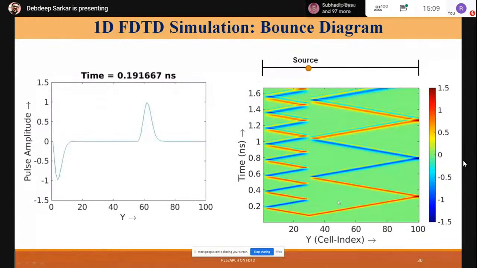Now, what our simple understanding of transmission line tells us is that when we have, let's say, a short circuit, or when I'm talking about wave propagation, if we have encountered a PEC boundary condition, perfect electric conductor boundary condition, our reflection coefficient is basically -1.